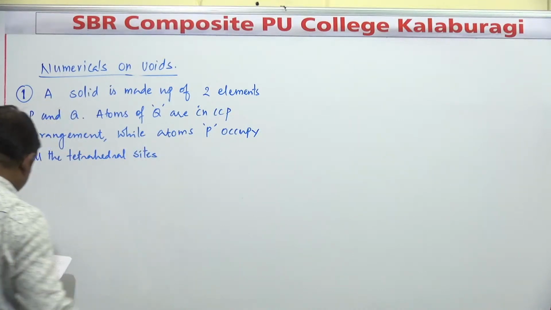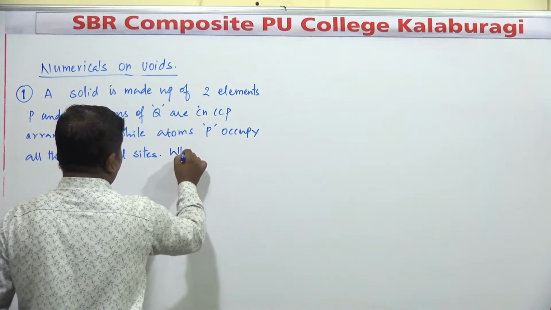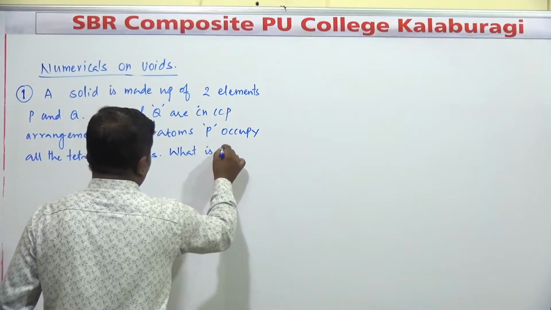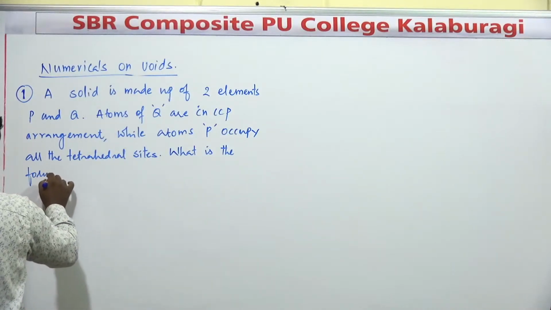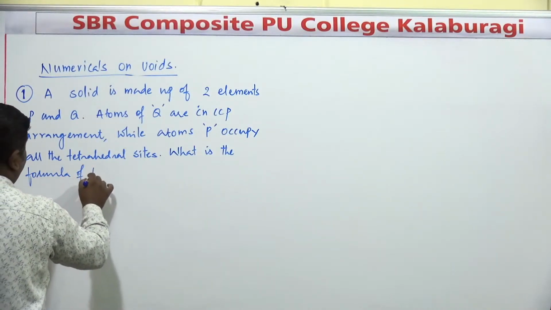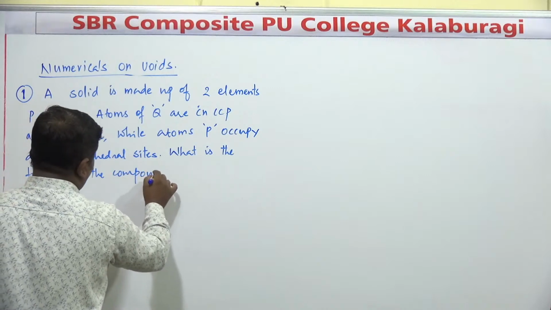Tetrahedral sites means tetrahedral voids. What is the formula of the compound? One of the simple problems.